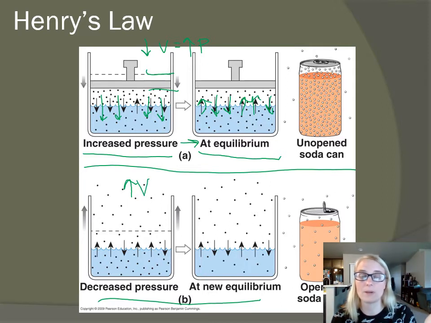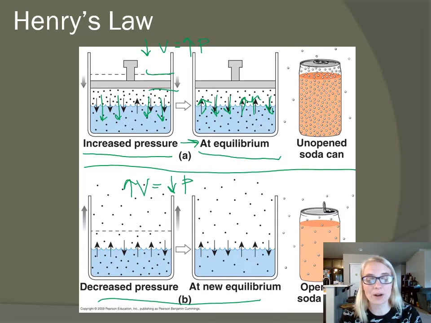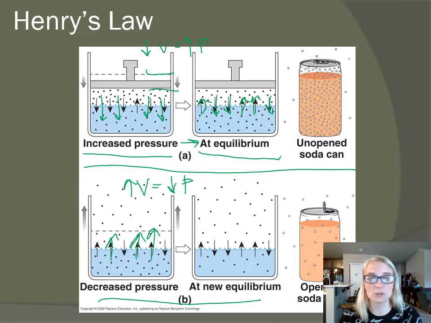We've opened up the can to the atmosphere, which means the pressure on these gas molecules is going to decrease. So just the reverse of that part A, as the pressure decreases, the gas molecules are going to try to create an equilibrium. So we're going to see a lot more of these dissolved gases leave out of solution to eventually try to make equilibrium with the atmosphere.